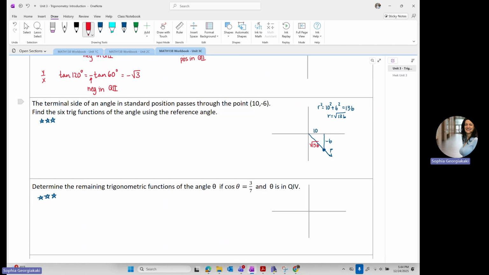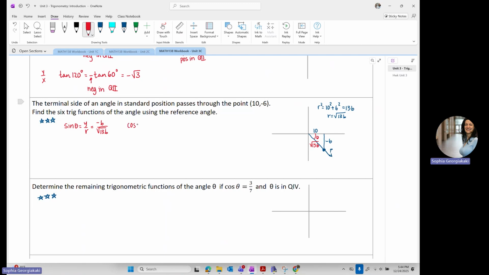I want to find the 6 trigonometric functions of the angle using the reference angle. Now the reference angle is this one, theta, but I have clearly labeled the x and the y with their signs. So I actually do not need to use the reference angle. I can just use the formulas. So the sine of theta will be y over r, and the y is -6, and the r is the square root of 136.